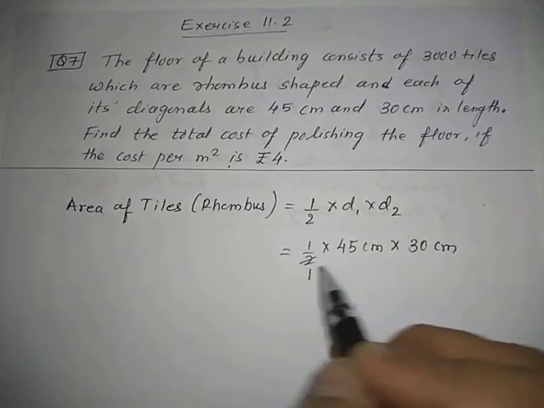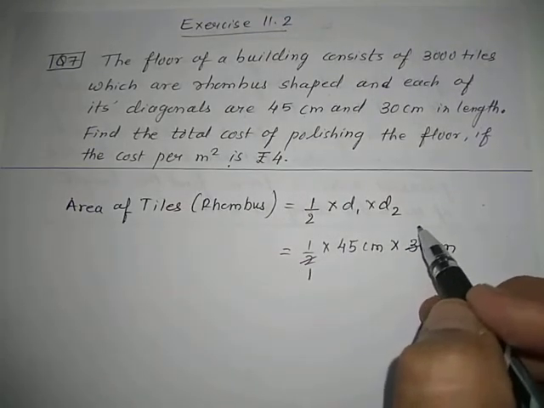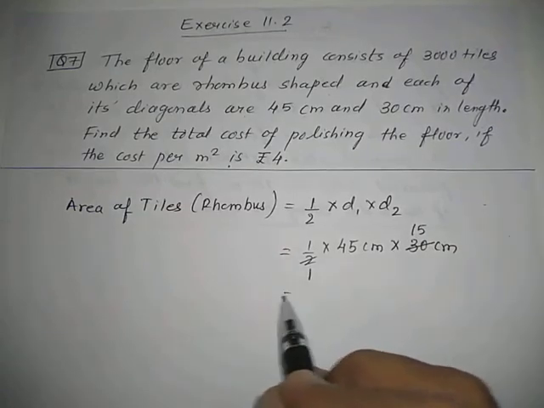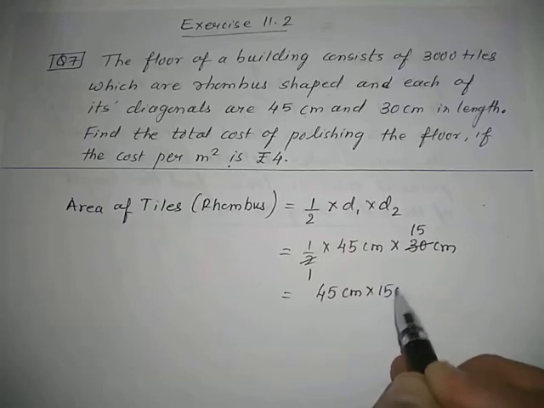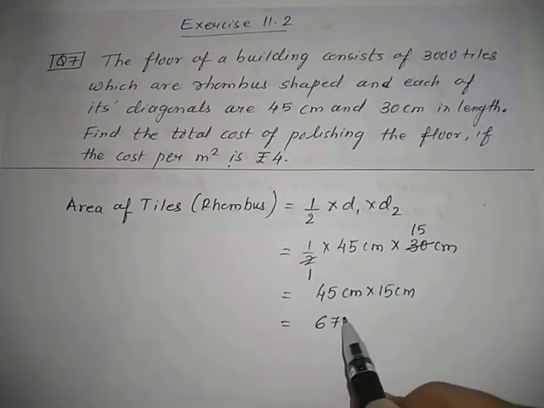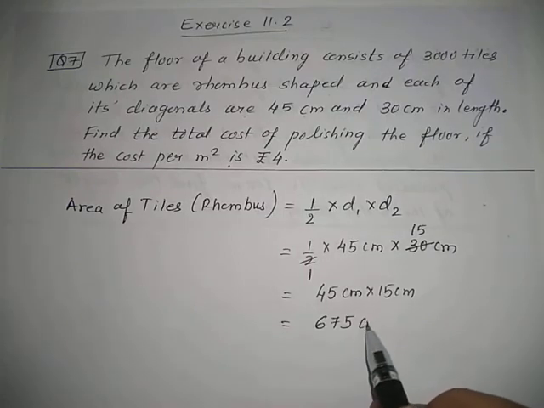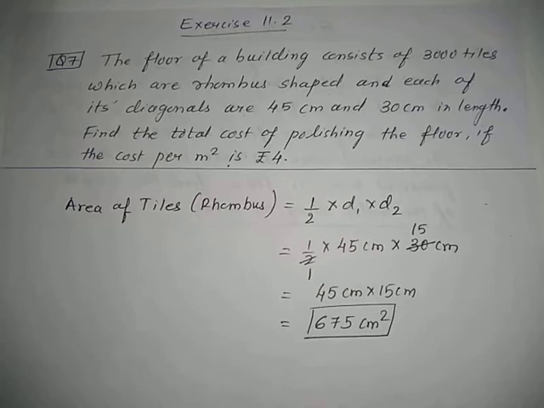So we can cancel it out here in the reduced form, that is 2 ones are 2, 2 fifteens are 30. So 45 centimeter multiplied by 15 centimeter, it will be 675 centimeter square, the area of a tile.